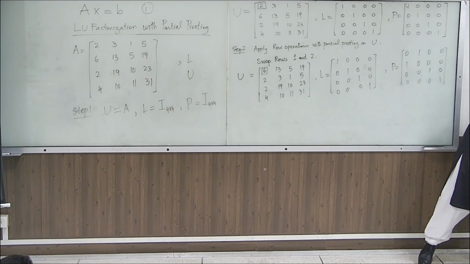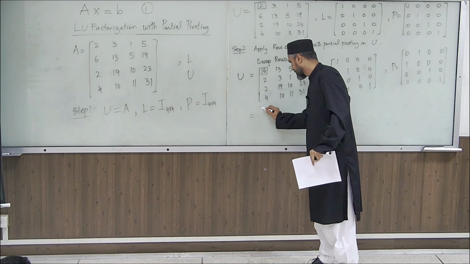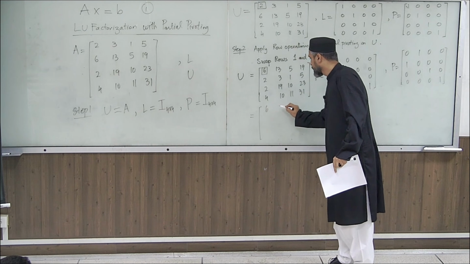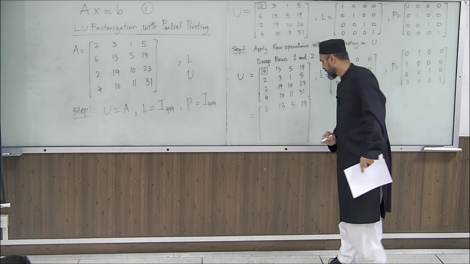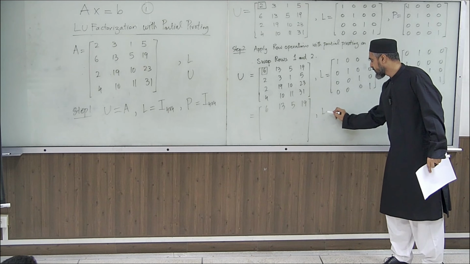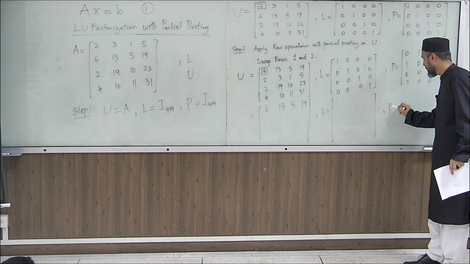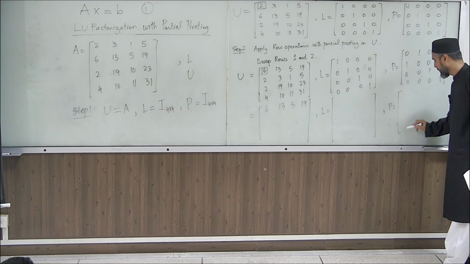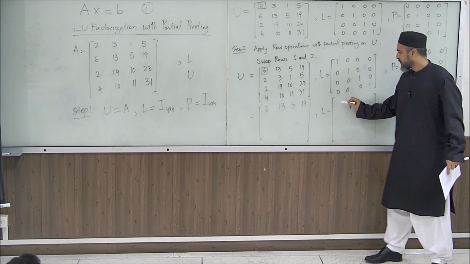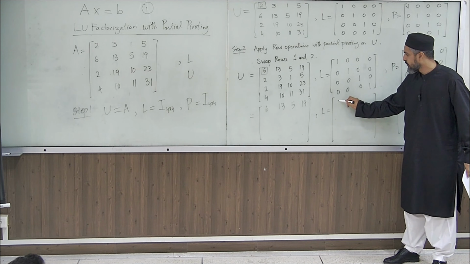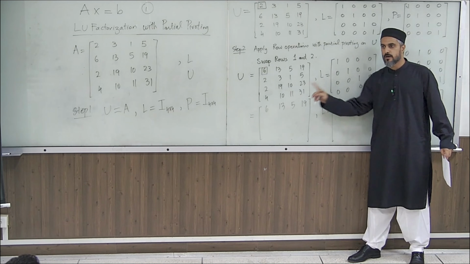And resultantly, what I got for U is, there are no changes in row number 1. There are no changes in row number 1 of the lower triangular matrix. We have to do the same operation on these two matrices.